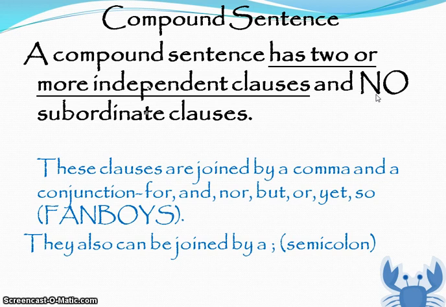However, in a compound sentence, you will always find a comma with a fanboy or conjunction. And if they don't want to use that, they could use a semicolon. So it will be one independent clause, comma, conjunction, second independent clause. Or one independent clause, semicolon, second independent clause. Let's take a look at some of these.